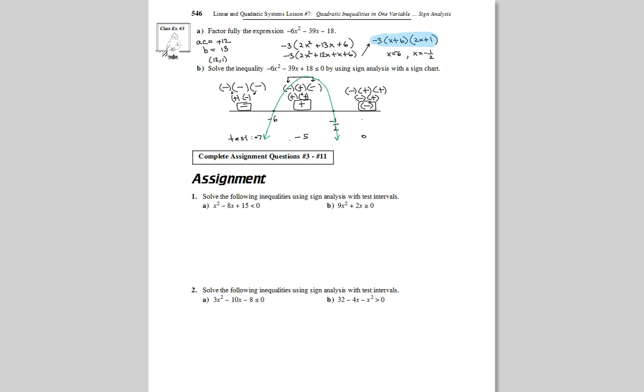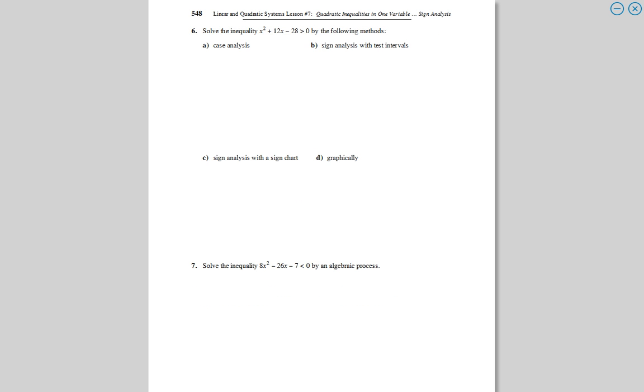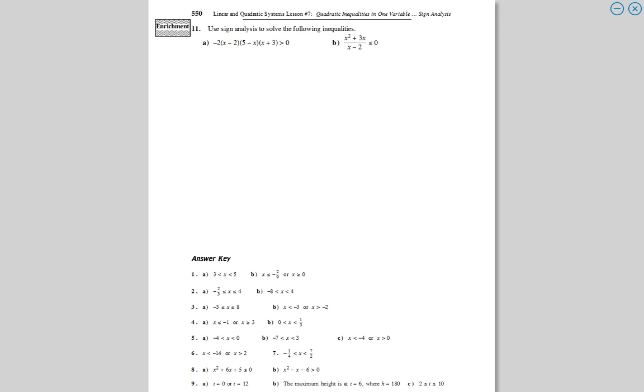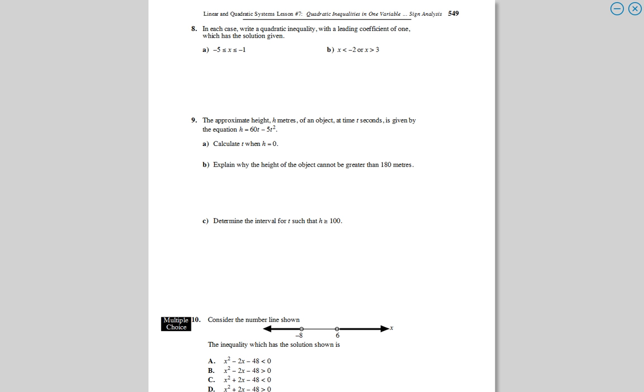I think they're going to build it for you, and then you just have to show the sign analysis. There's a lot in here, so please try to get most of it done. Don't worry about 11 if you don't want to do it. Good luck. Remember, test is Friday.